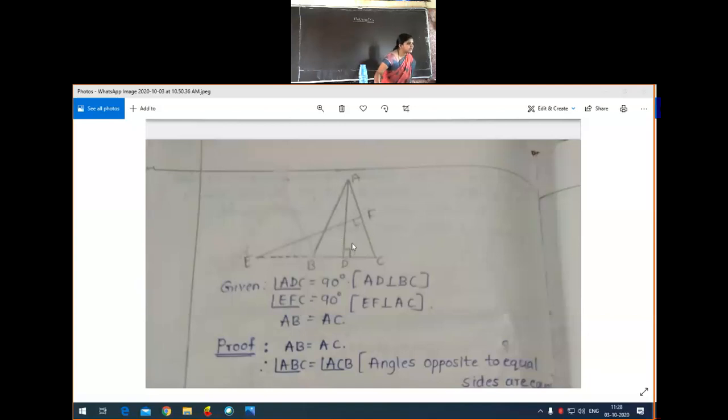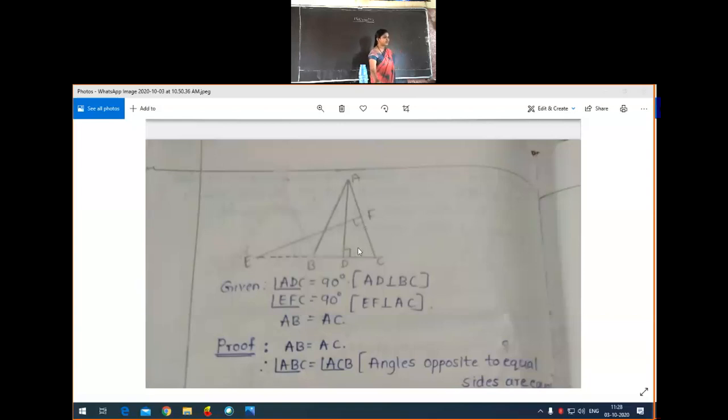Then we can show that triangle ADC is similar to ECF. Which are the two criteria for ADC and ECF? First, angle D and angle F are 90 degree. Then angle C is common. So according to AA criteria, triangle ADC is similar to triangle ECF.